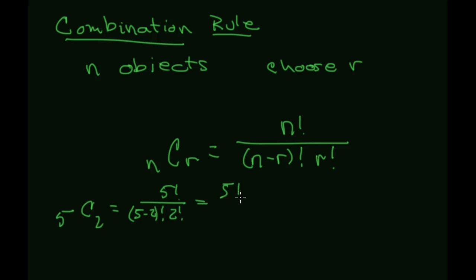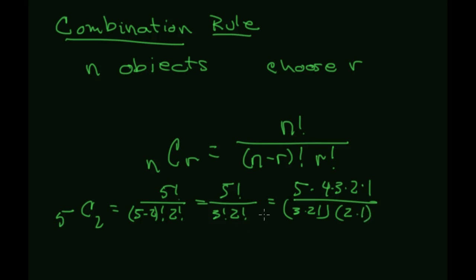So that's 5 factorial over 3 factorial times 2 factorial, which is 5 times 4 times 3 times 2 times 1 over 3 times 2 times 1 times 2 times 1, because 2 factorial is 2 times 1. So this is going to cancel with that. That's going to give me 20 over 2, which is 10 different ways I can choose 2 objects from a set of 5.